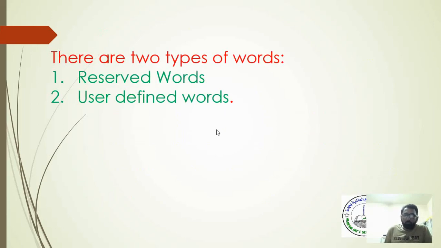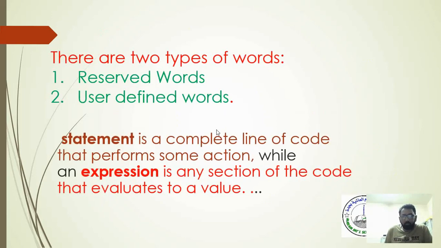There are two types of words in this language: reserved words and user defined words. Reserved words are the predefined statements and functions in the language, which we can only use to perform specific functions. User defined words are the kinds of variables or functions which the user, that is the programmer, can define, and then call anywhere at any time, and they will be executed.